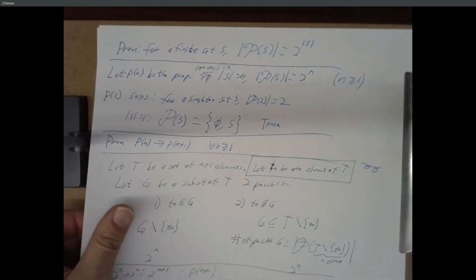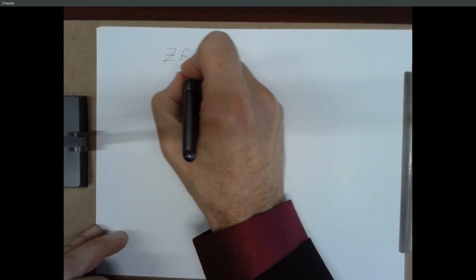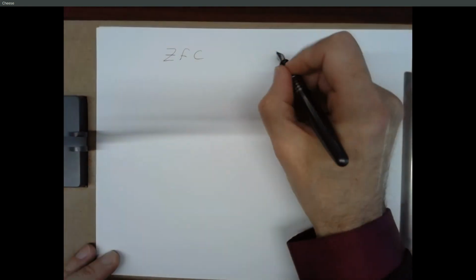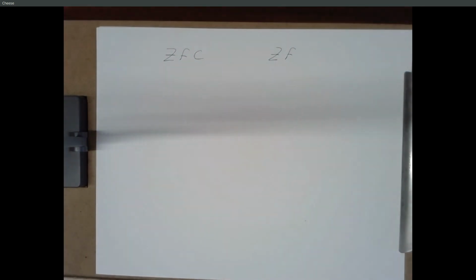And this is just for fun now. So we make set theory very axiomatic. We try to make set theory very formal so we don't run into things like Russell's paradox. And there's a style of set theory called ZFC. And there's another version of set theory called ZF.